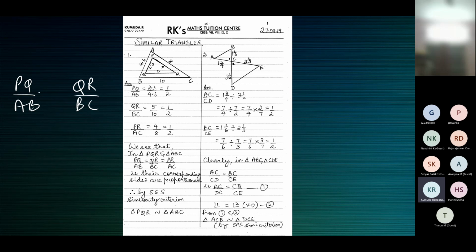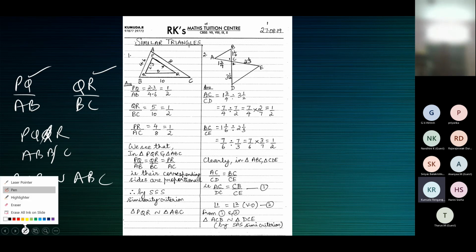So again, like I told you in the last class, in the numerator, Q is common. So see here PQ, QR in the numerator. So PQR. And in the denominator, it is AB, BC, which is ABC. So PQR is similar to ABC.